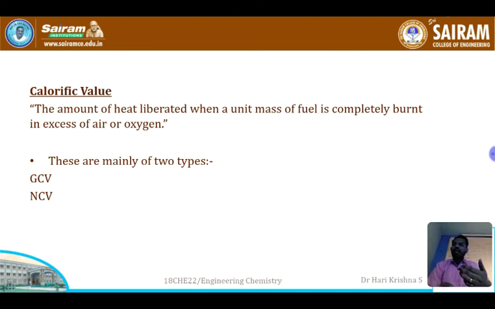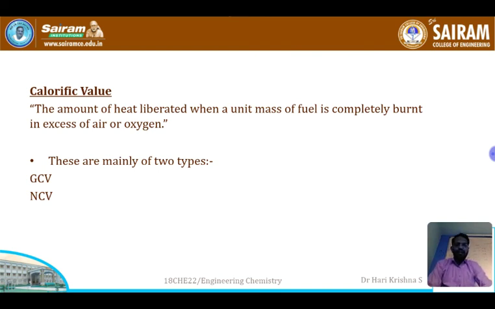Here you have two types of calorific values. They are gross calorific value and net calorific value. What is gross calorific value? The amount of heat liberated when a unit mass of fuel is burnt completely in excess of air or oxygen, and the products of combustion are cooled to room temperature. What are the products of combustion?